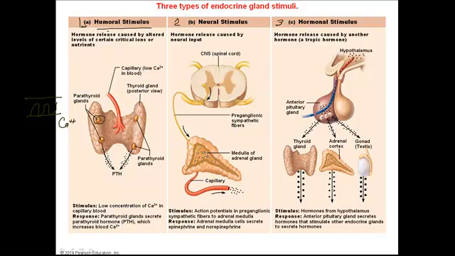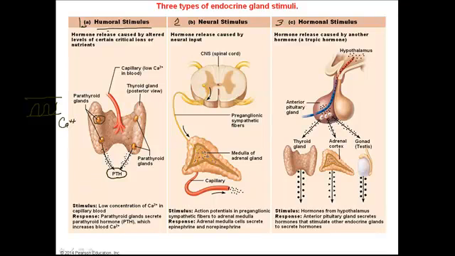You can see the blood coming through. The hormones will be expelled into the extracellular fluid and be picked up by capillaries. So this is parathyroid hormone, the primary hormone secreted by the parathyroid glands.